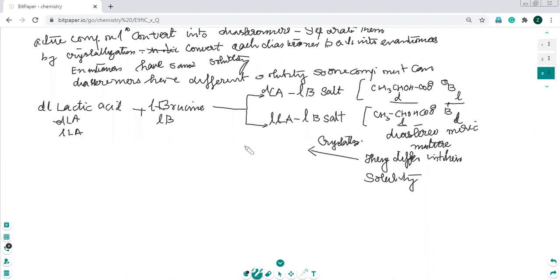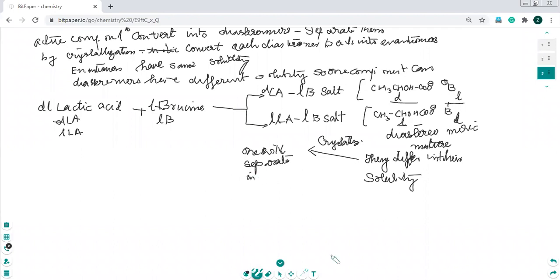One enantiomer will separate. One diastereomer will separate as crystal, in the crystalline form.